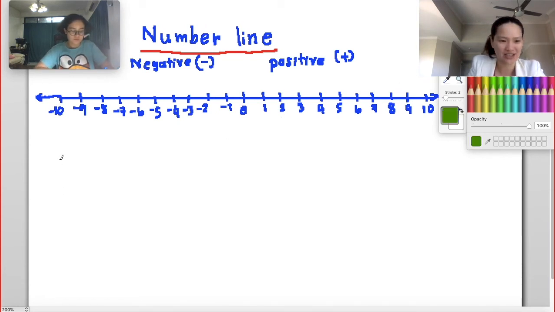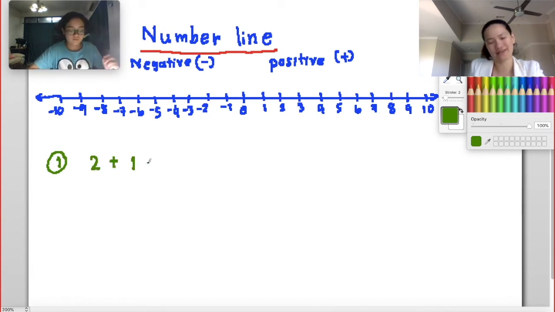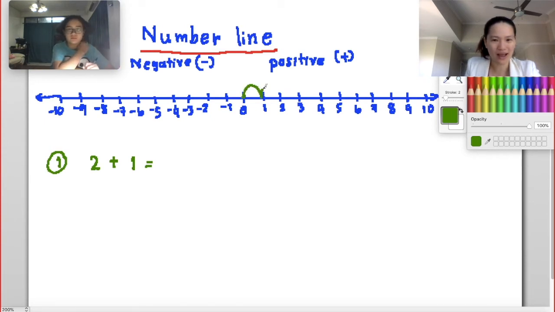Anyway, go up to number 1. Leila, did you finish? Number 1, we will do something really easy. Look at this. I want you to do 2 plus 1. So we should start with 0 first, yeah? And you count 2: 1, 2.